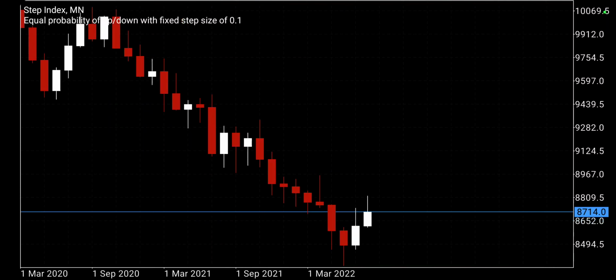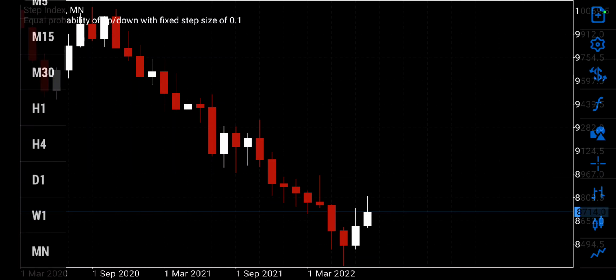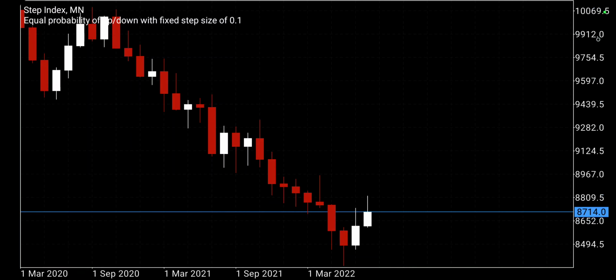So if there's anything that we can take from this chart on this time frame, it is that it is in a downtrend, and it is now sort of touching the nearest area of resistance on this time frame.